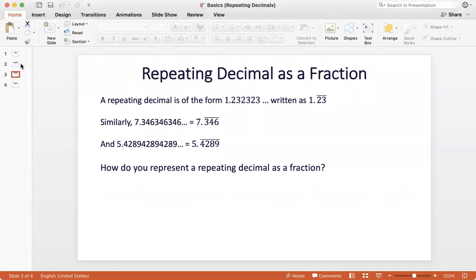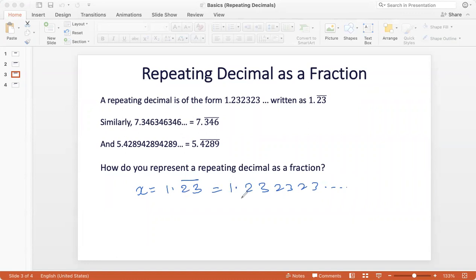So let's look at representing the repeating decimal as a fraction. So if I have, let's say, x is 1.23 bar. So I know that this is 1.232323, and this goes on ad infinitum.